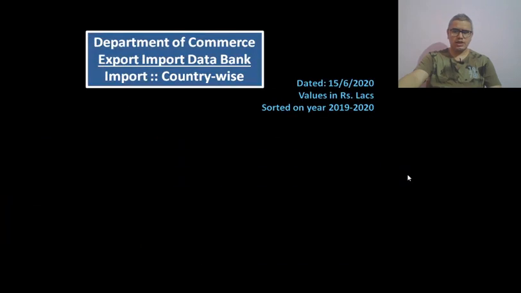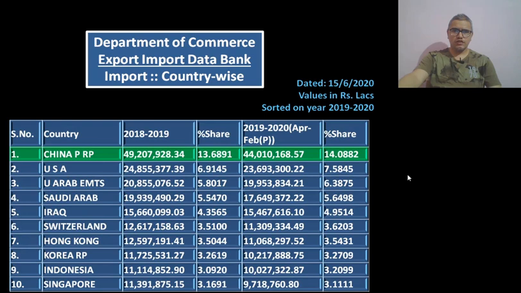Okay, on the other hand, how is India related to China in terms of import? If we see, the maximum amount of goods imported to India is from China, and after that comes the USA. So China dominates, with almost 14% of India's import share coming from China, and in 2018-19 we imported almost 5 lakh crore worth of products from China.